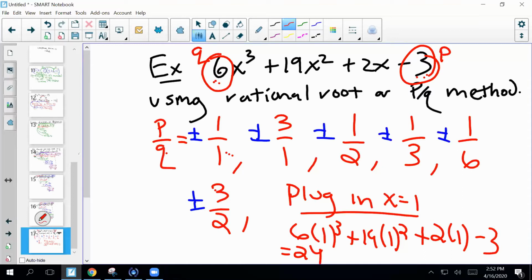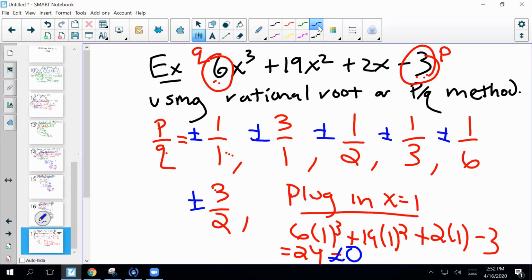So you get all sorts of combinations with plus or minus for all of them. And then you just have to try one and keep going until you find one that works. So I tried one and that did not work. Oftentimes one does work. A lot of times I'm nice to you and I'll give you one where one works. That's the nicest situation. But this one didn't work because it wasn't equal to 0. We wanted it to be equal to 0. But we got 24 instead.